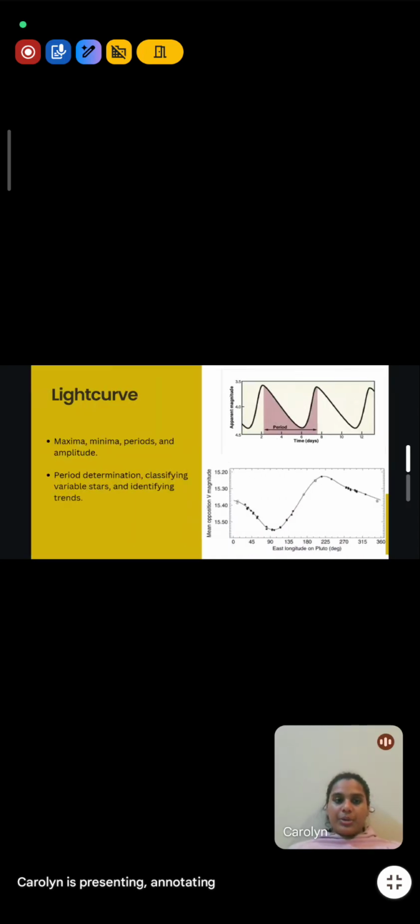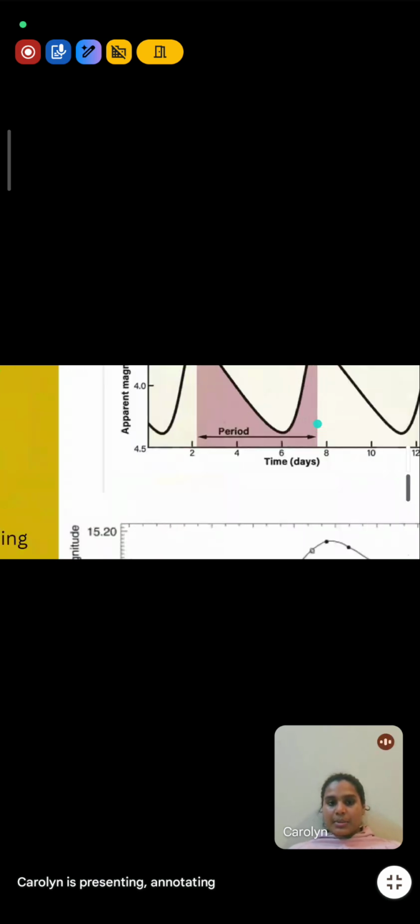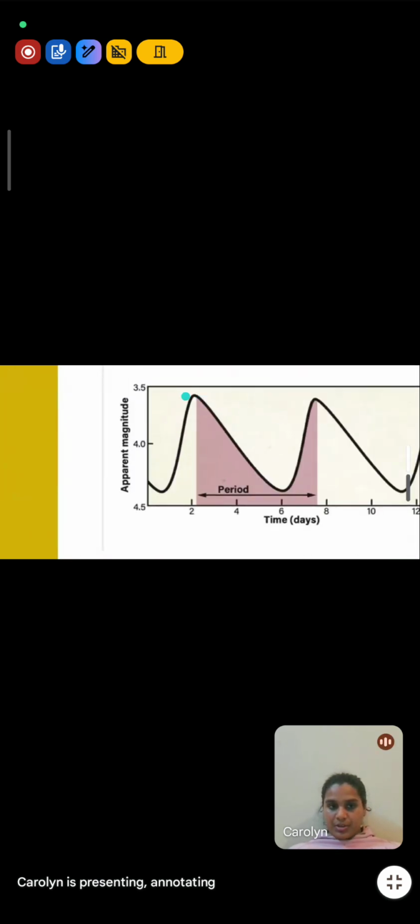All right, so here we come to the key factor of this session, that is the light curve. Some of the key features of a light curve include maxima, minima, period, and amplitude. Maxima is what you see here. Minima is this.